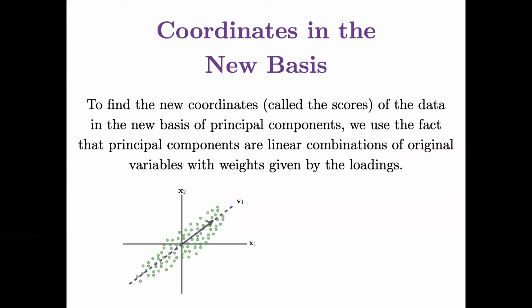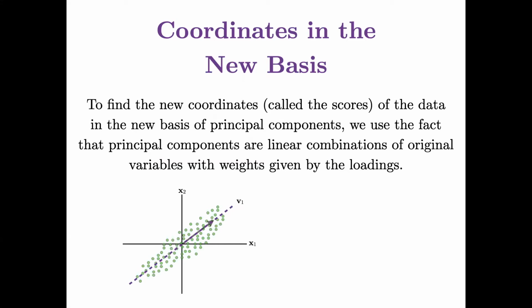In this next section, we're going to take a closer look at the loadings and scores that are the other two major pieces of output that we get from principal components, aside from the eigenvalues. First of all, the scores are the new coordinates of the data in the basis of principal components.